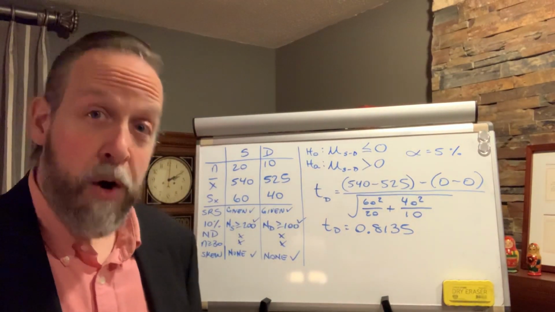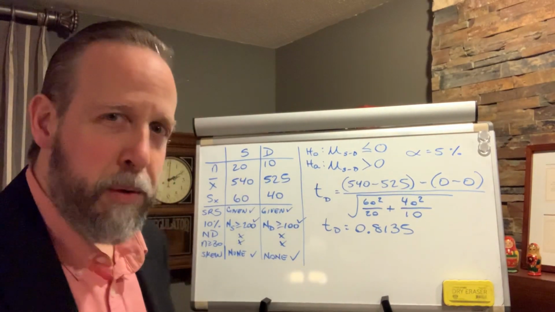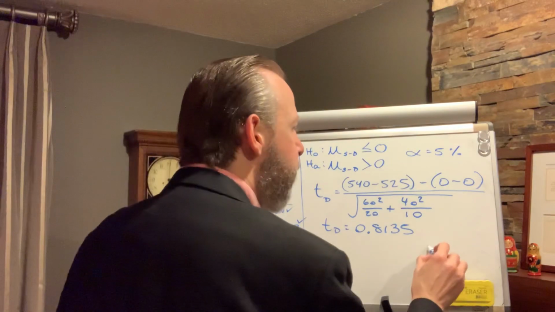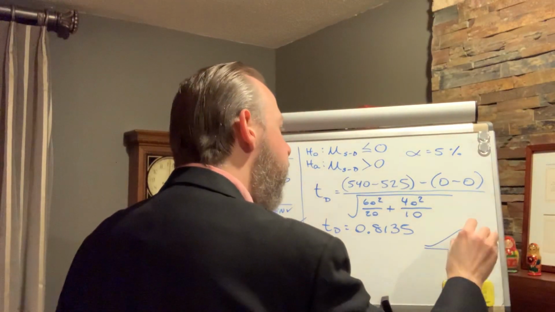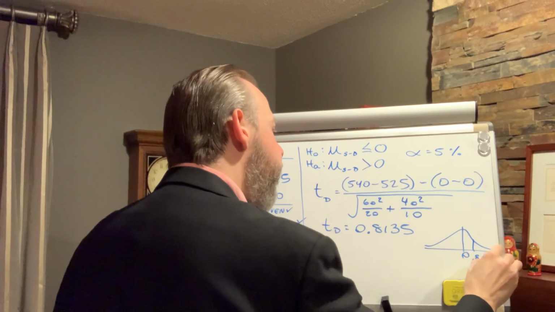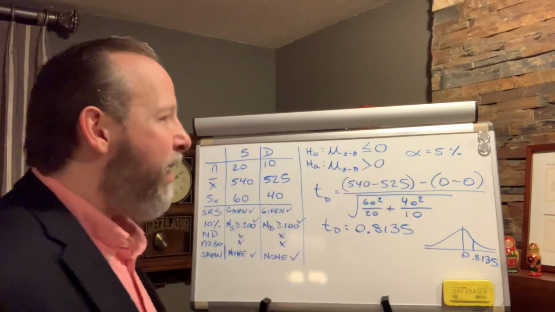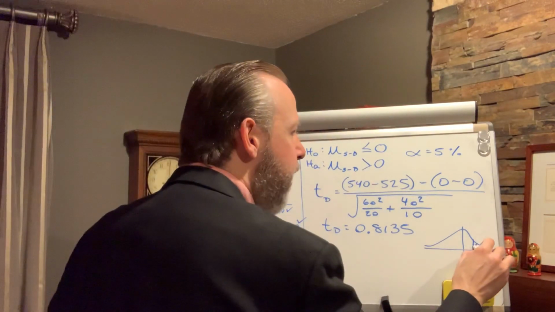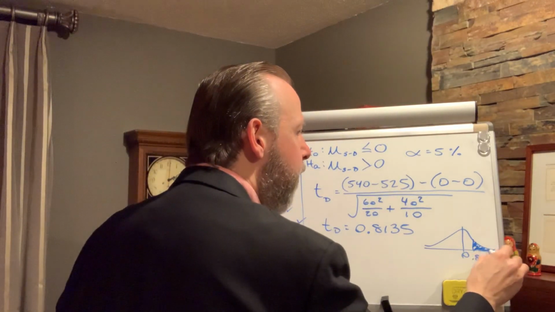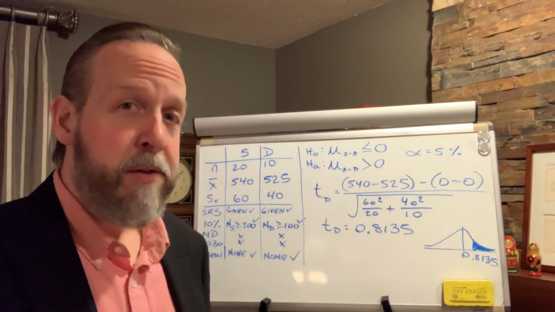Just like before, I also still want a sketch. The sketch helps guide you, so please make one. Here's a small sketch. Zero is in the middle. 0.8135 is a little bit to its right. The alternate symbol said greater than, so I am shading to the right. So I have to find the area to the right, and I know how to do that, right?